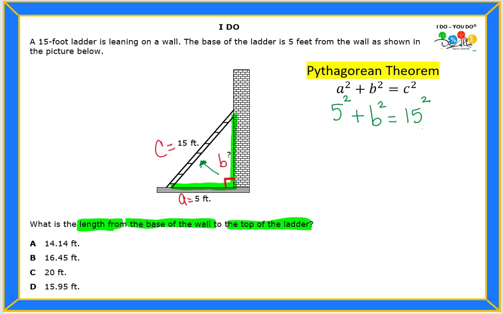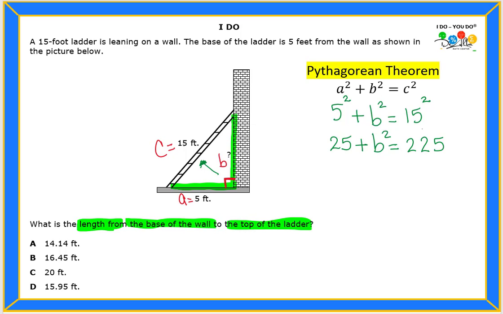Like I said, it's up to you. In this question, I am not going to use parentheses, but we all know that 5 is the one that is being raised to the second power. So 5 squared is 25 plus B squared, and 15 squared gives me 225. Any questions so far?